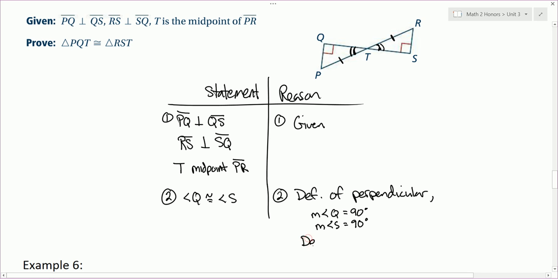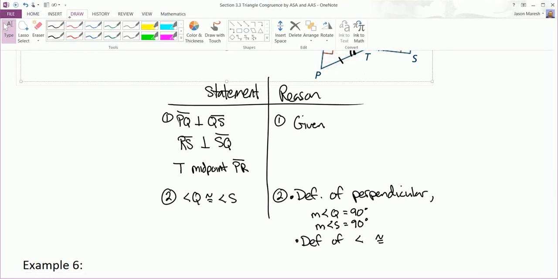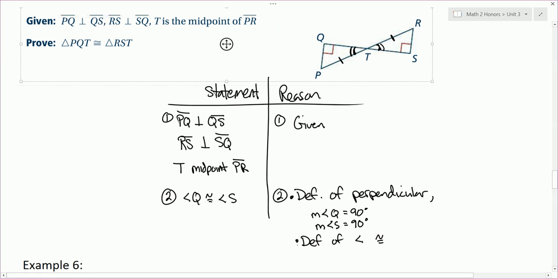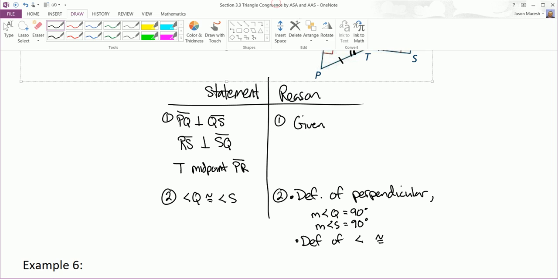So we're also relying on the definition of angle congruence. So two reasons for part 2 here. We get a little more space.